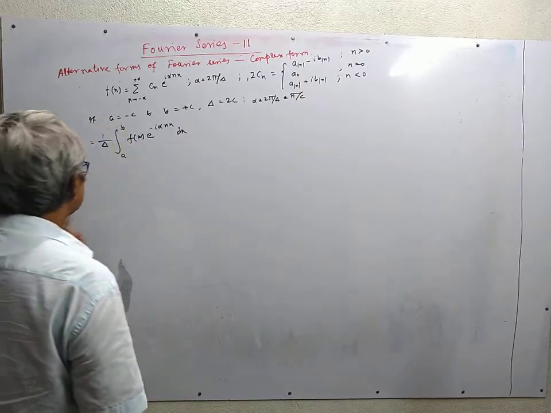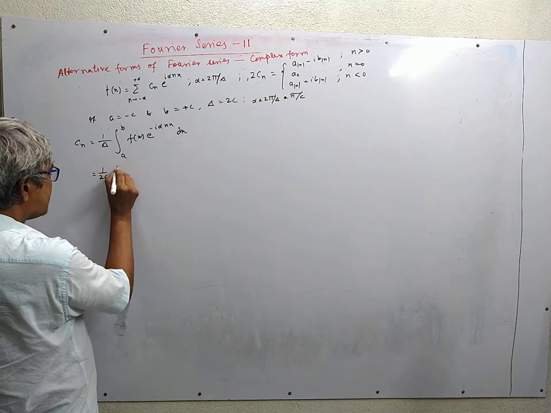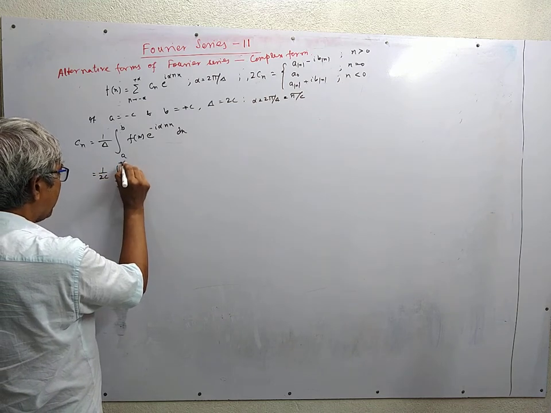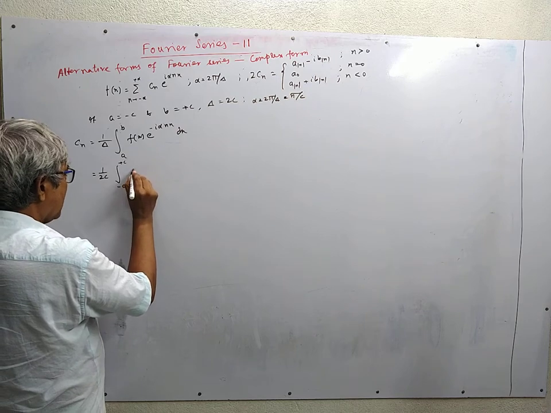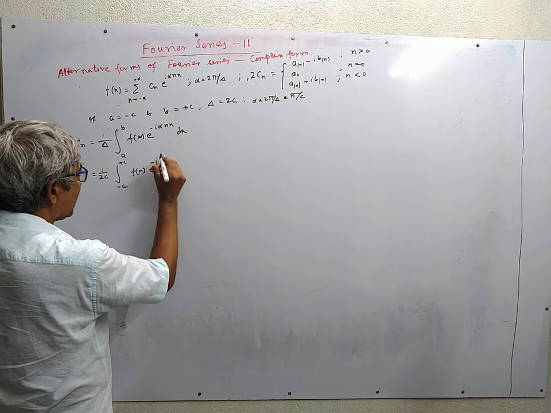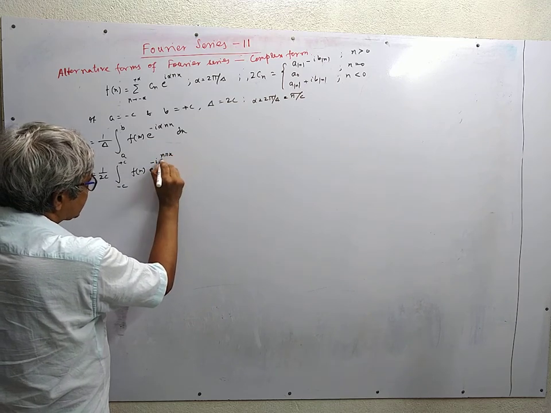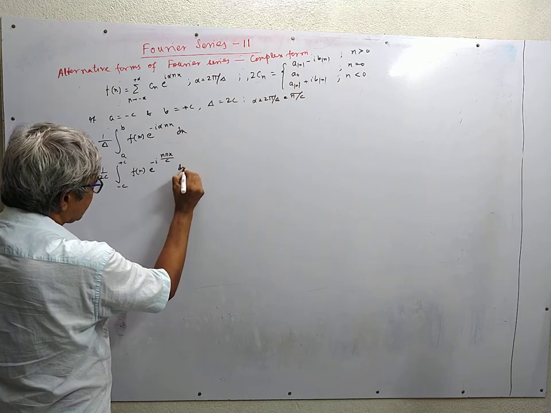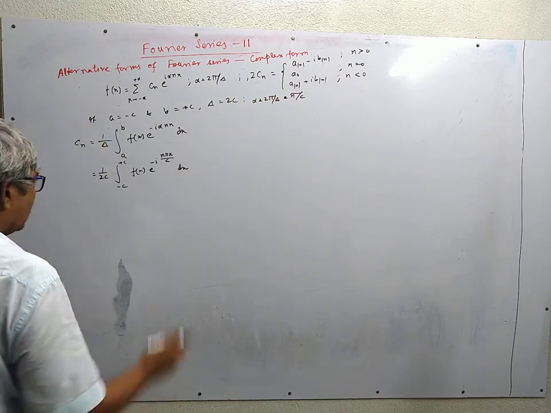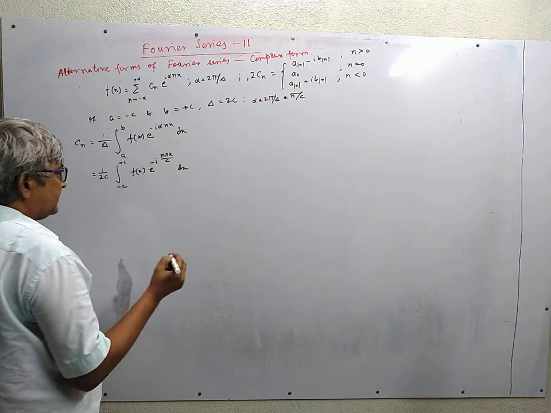So for symmetric interval this becomes 1 upon 2c, minus c to plus c, f of x e to the power minus i n pi x by c dx. We now change x to minus x. Then what happens?